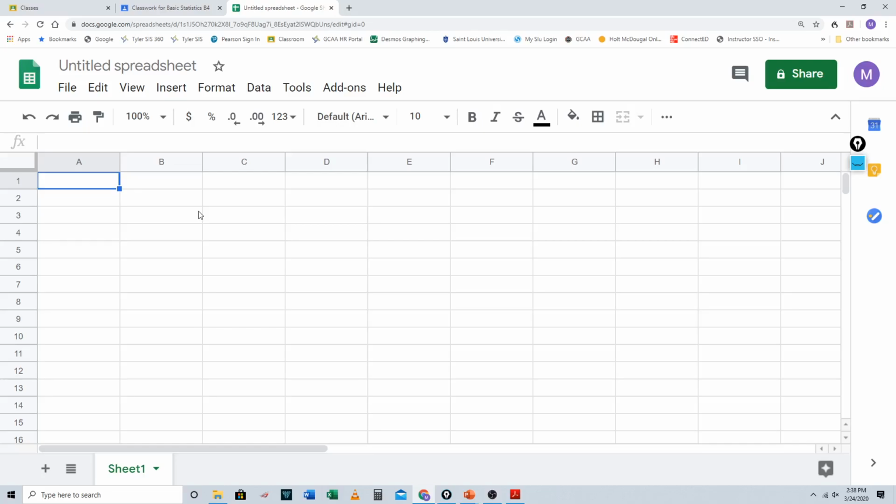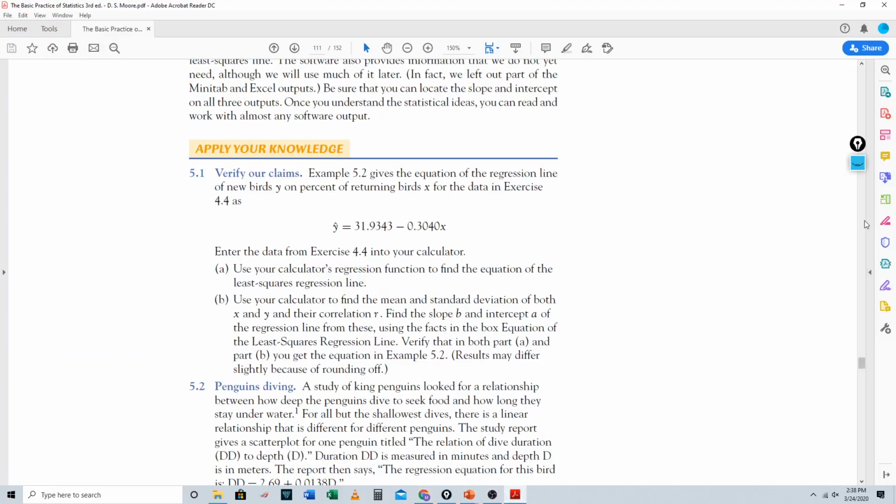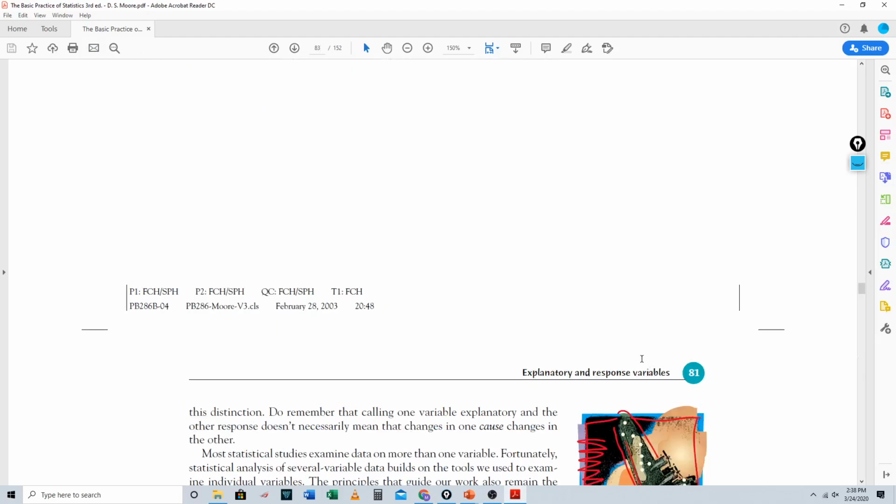Question 4.4. All right, let's see here. Here it is, question 4.4, on page 83. Let's see if I can just type in 83. Not quite, a little off.